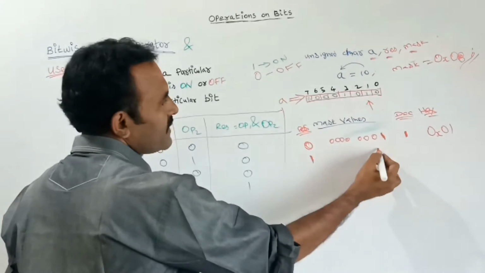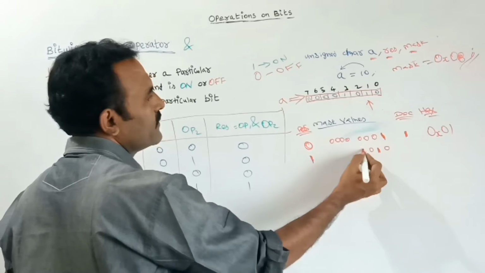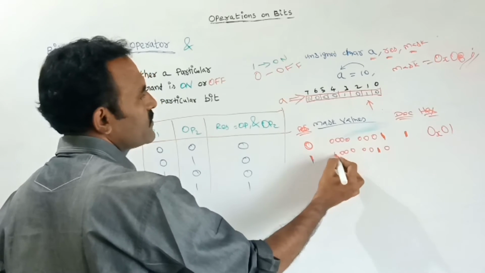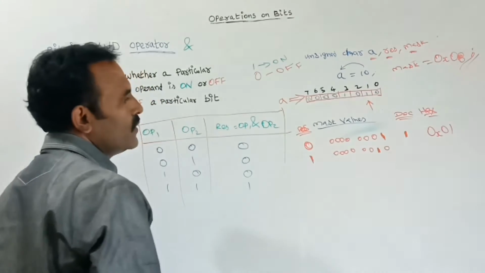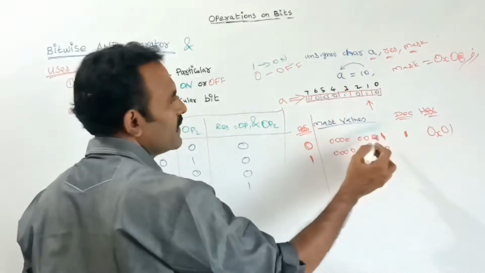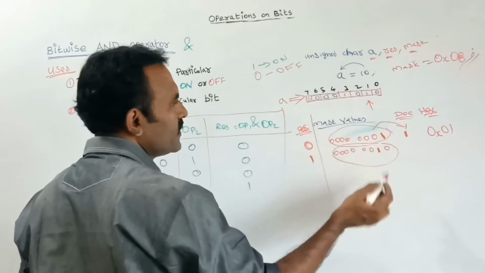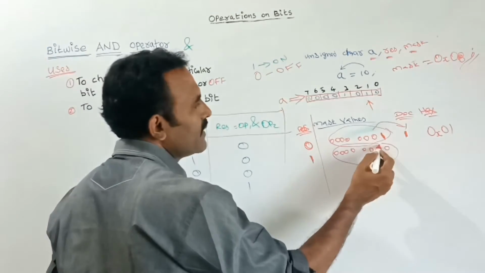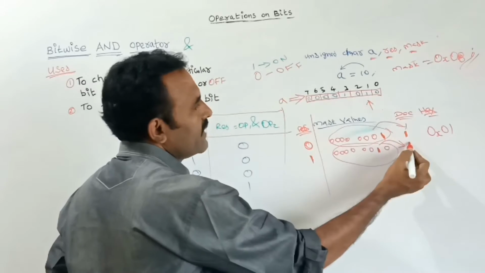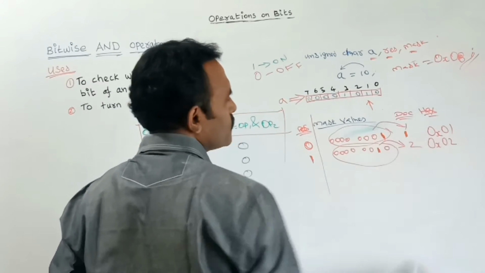At the first position you should put 1 and remaining every bit value we should put as 0. This is the decimal value of this binary value. For this binary value, what is the decimal value? The value is 2. In hexadecimal 0x02.